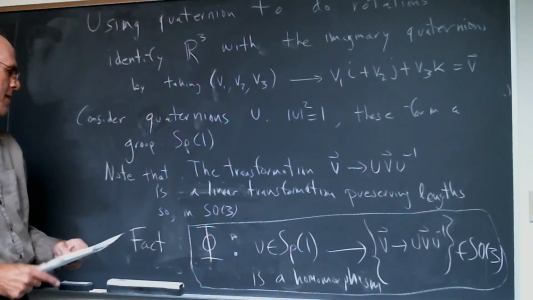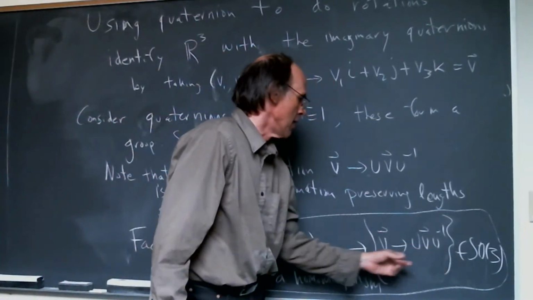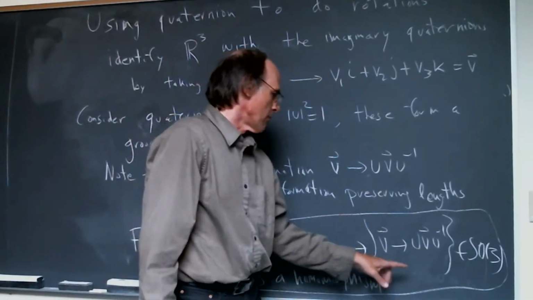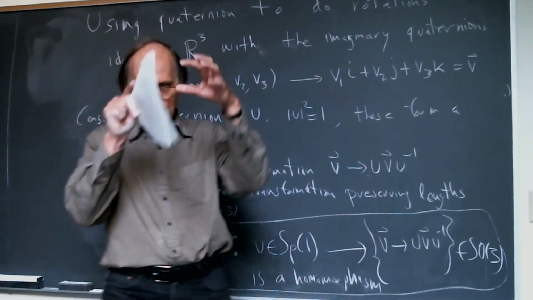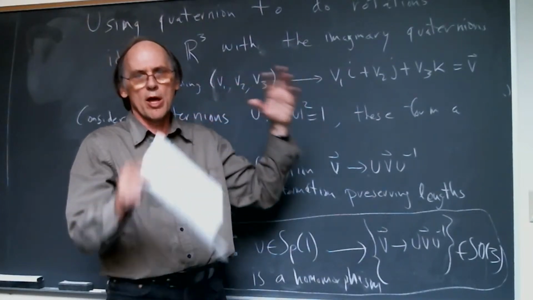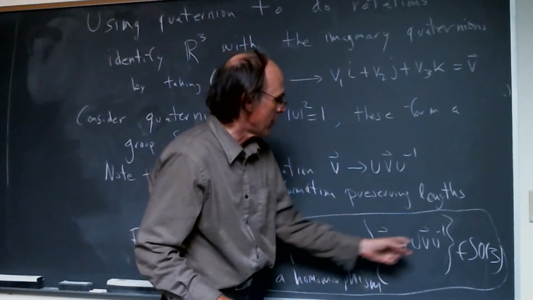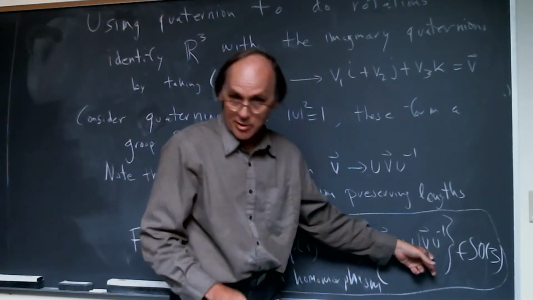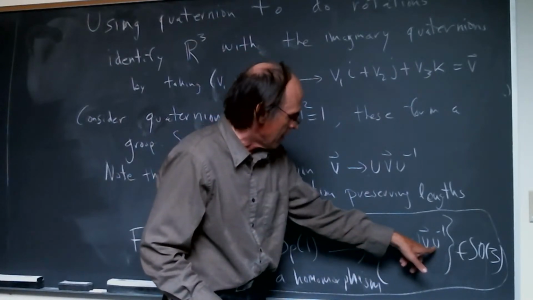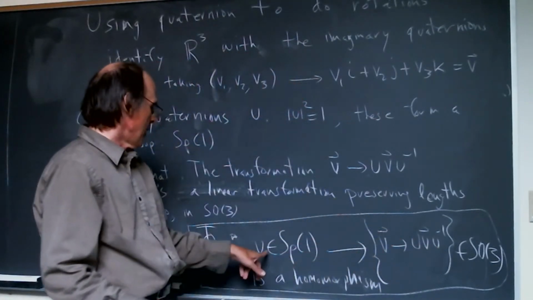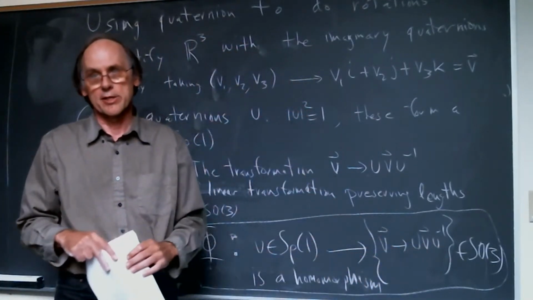What this says is that, if you want to understand rotations, you should think of them not as taking an element of R3 and acting on it by a 3x3 matrix, but you should turn your element of R3 into an imaginary quaternion, and then just find a U that when you do this conjugation will give you the right rotation.